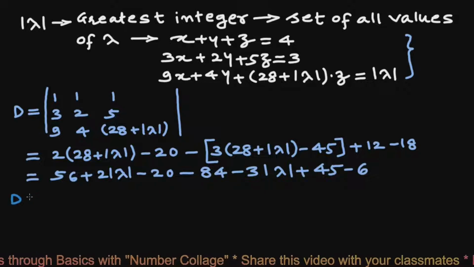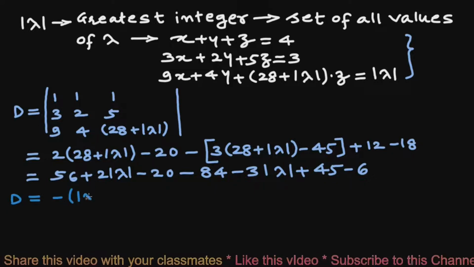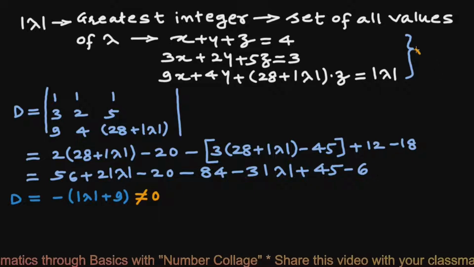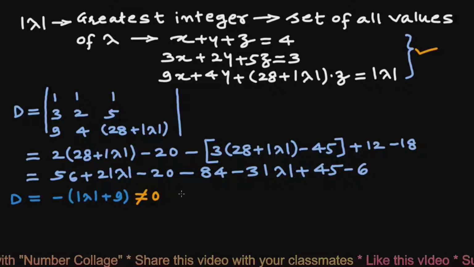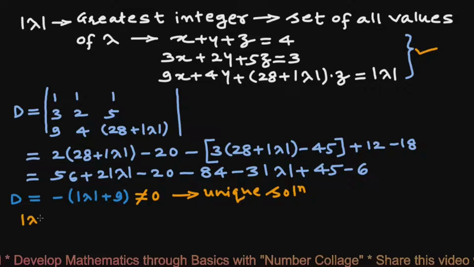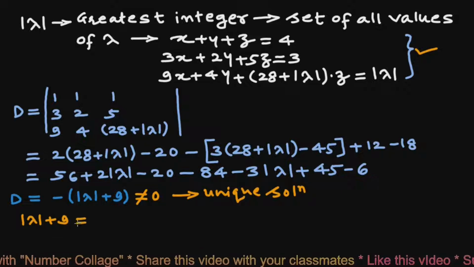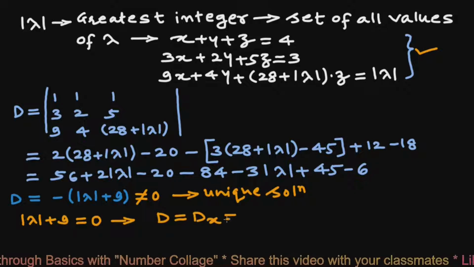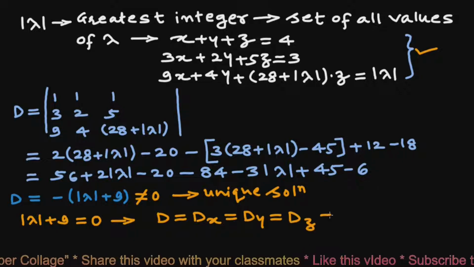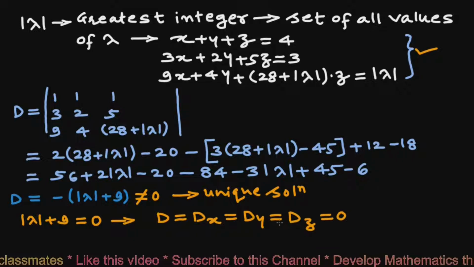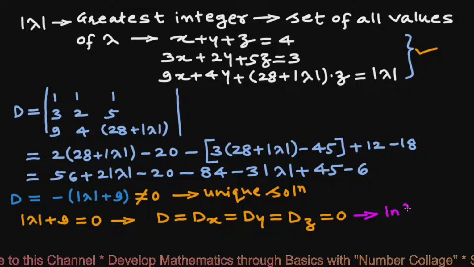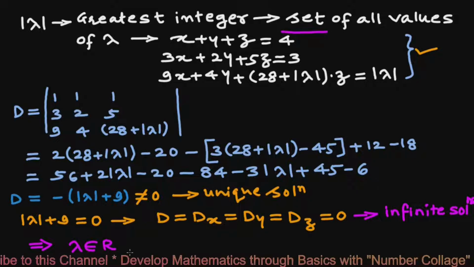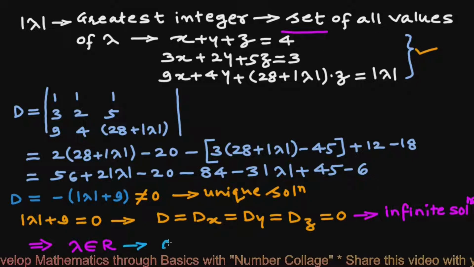So determinant D will be minus mod lambda plus 9. If this is not equal to 0, then this system of linear equations has a unique solution. And if mod lambda plus 9 equals 0, then determinants D equals Dx equals Dy equals Dz will be 0, and the system of equations will have infinite solutions, which implies lambda must be the set of real numbers. So the correct option here is A.